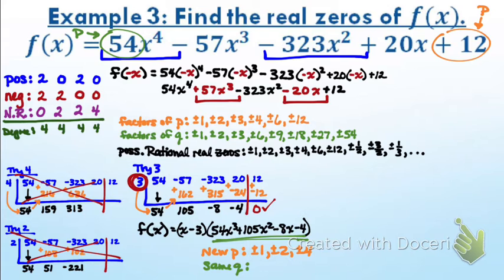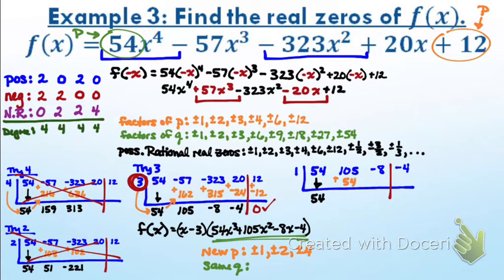Yes. Sure. Let's see. If I try 1, 54, 105, negative 8, negative 4. Bring the 54 straight down.